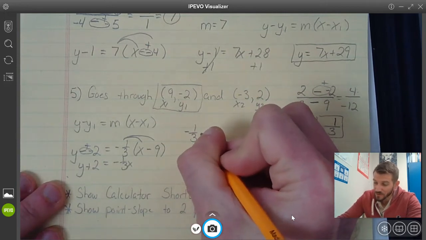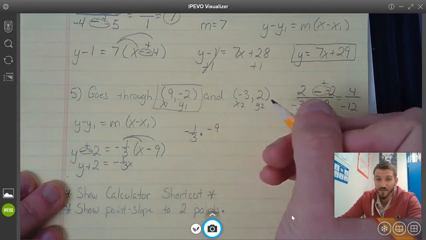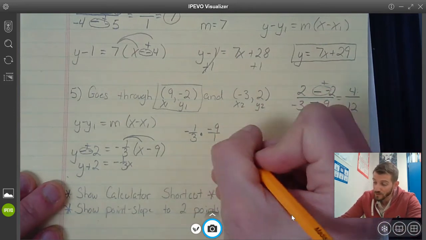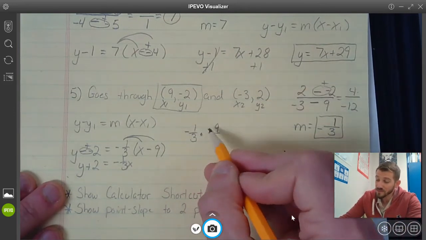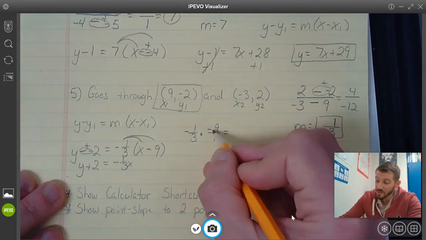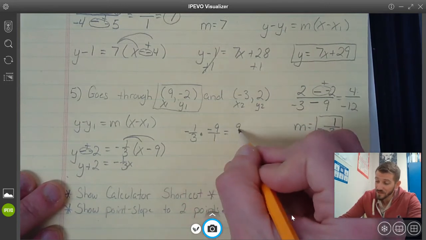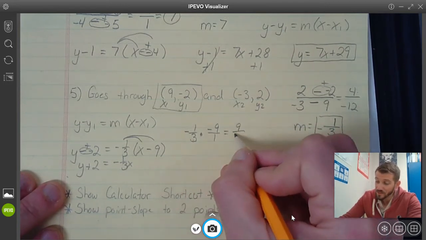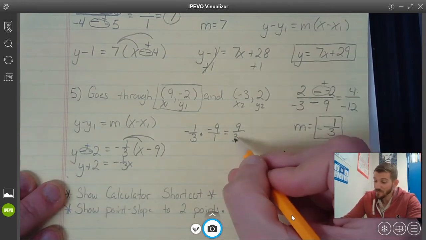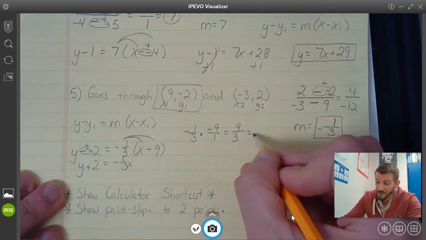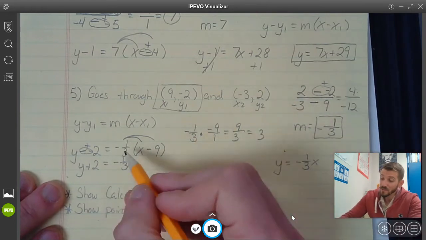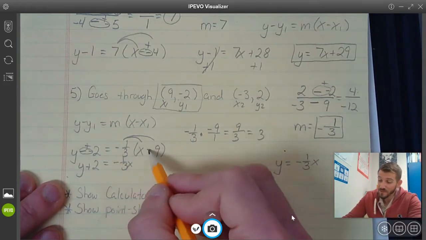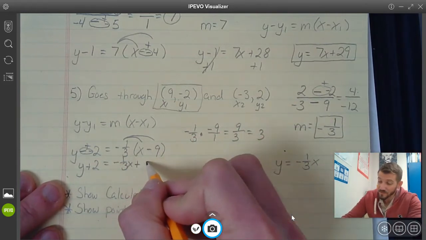Negative 1/3 times negative 9 as a fraction would be over 1. Negative 1 times negative 9. Negative times a negative is positive. 1 times 9 is 9. 3 times 1 is 3. And 9 over 3, or 9 divided by 3, is 3. So what is negative 1/3 times a negative 9? It is a positive 3.